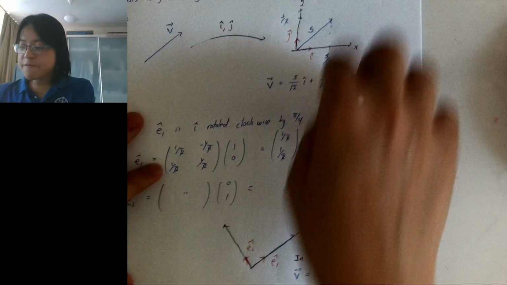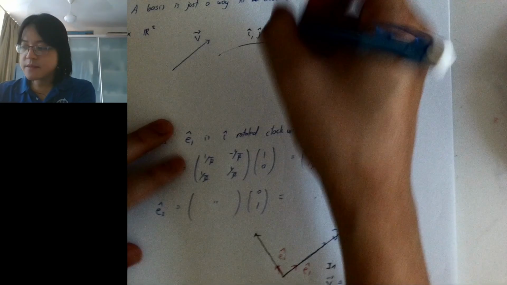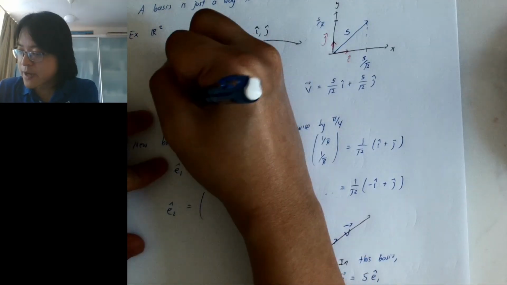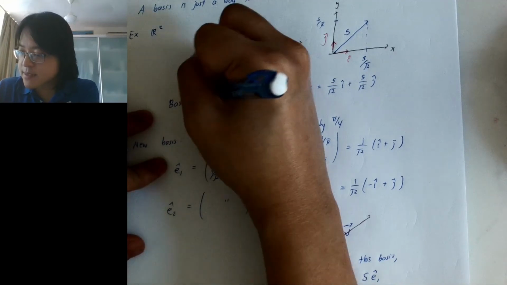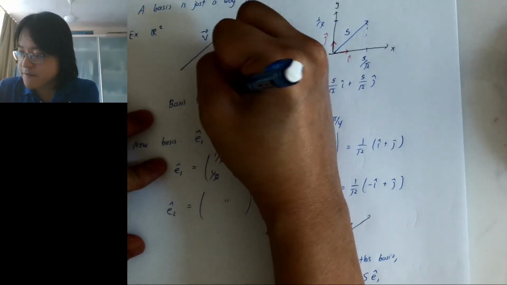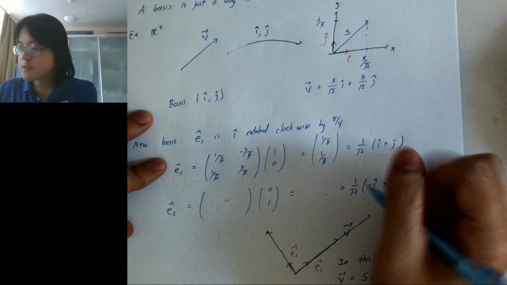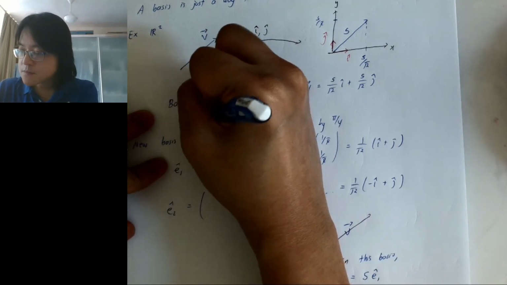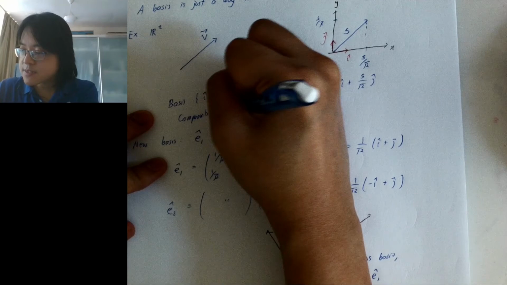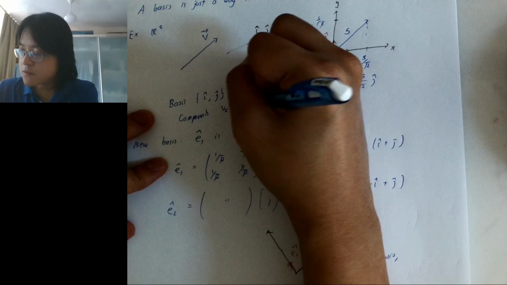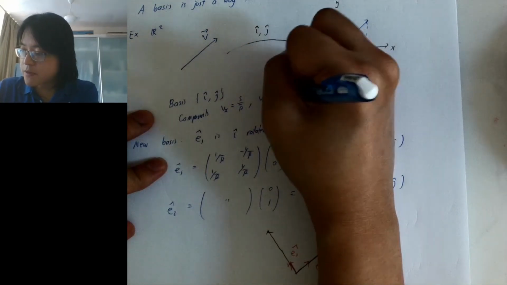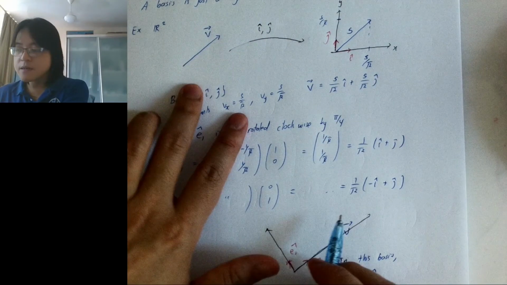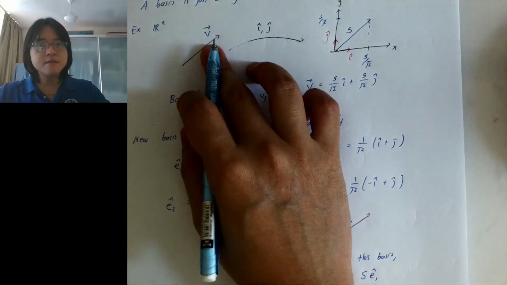I'll say this now. I know there's more questions, but I'll say this now before I forget. The basis is this stuff here, right? And then the components are Vx is 5 over root 2, Vy is 5 over root 2. Both of these together will describe this vector.